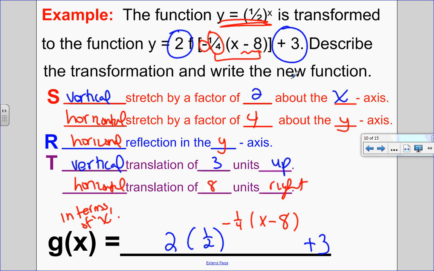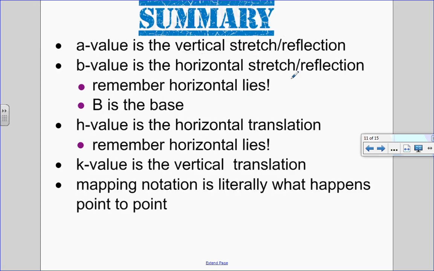Okay, let's summarize this lesson. So to summarize, A value, again, has to deal with vertical stretches and reflections. Remember that anything vertical is straight up. B values are the horizontal stretch and reflection. Remember that horizontal lies.